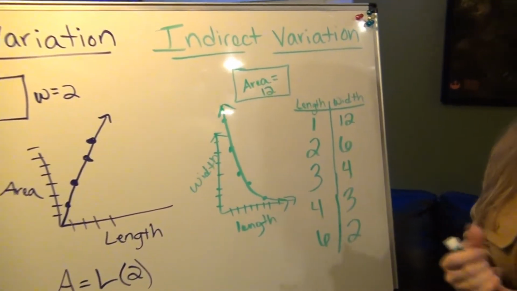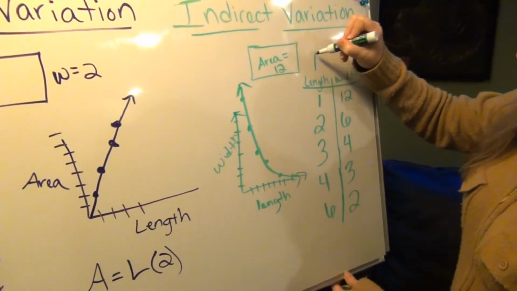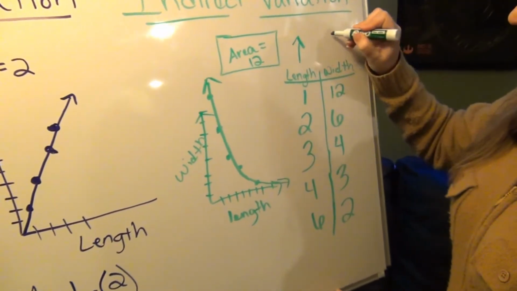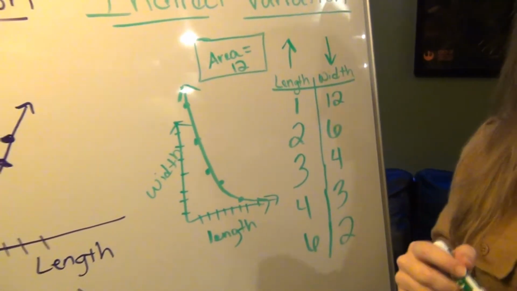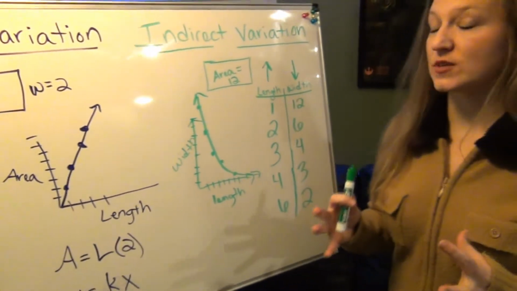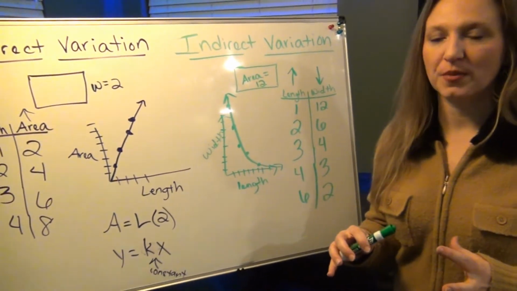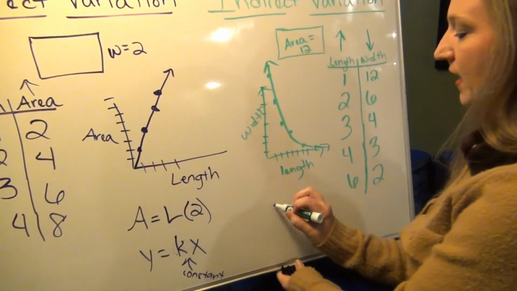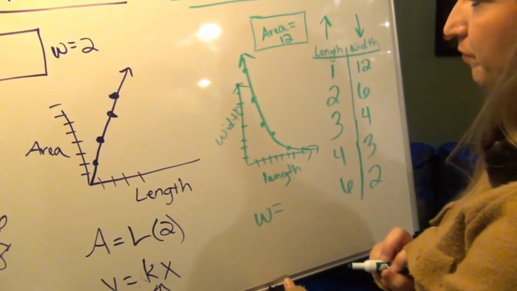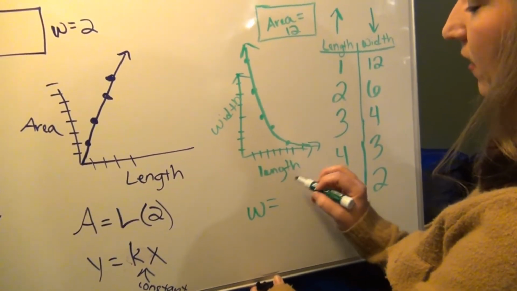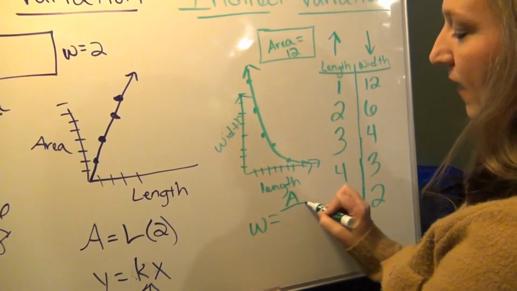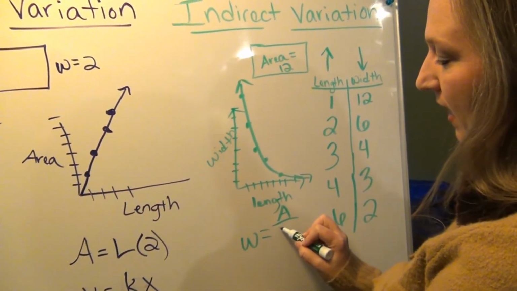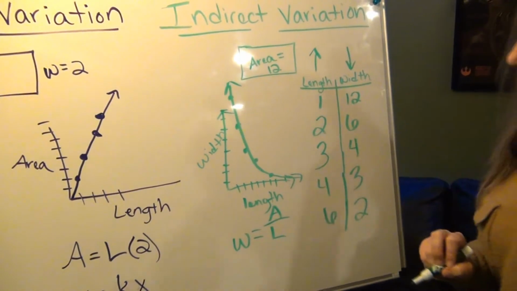And you'll notice the difference that as the length increases, my width has to decrease. That is a characteristic of an indirect relationship. The formula that we would have is, in order to find our width, we would take our area and we would divide by the length.